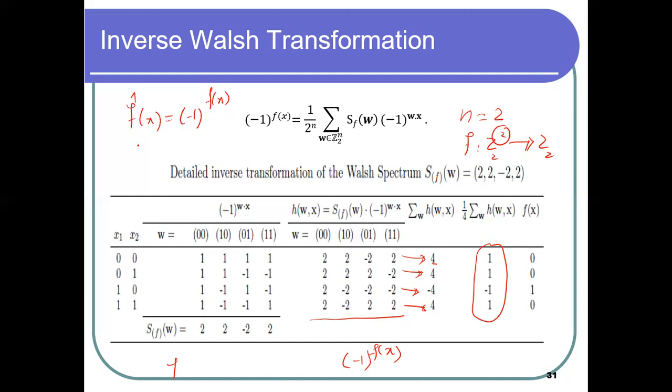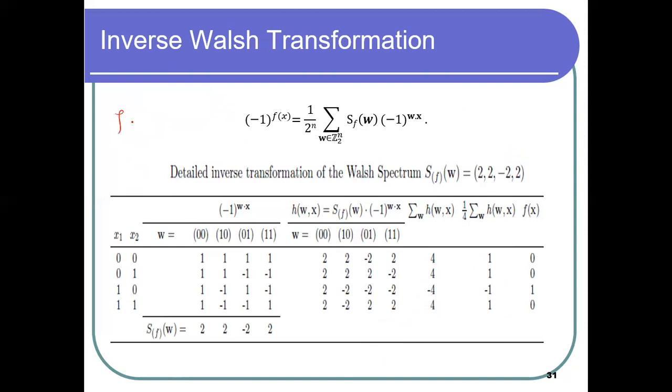So what does it mean? If I say f of x output is 0, then the f hat output will be 1. And if f of x output is 1, then the hat value will be minus 1. So here I have hat values, so I have to take Boolean variables.